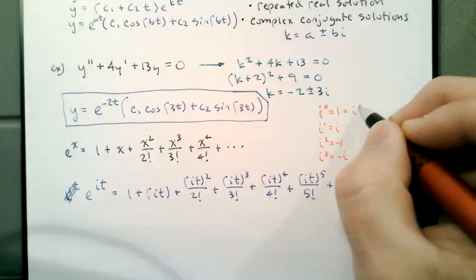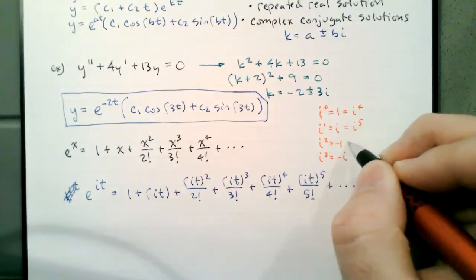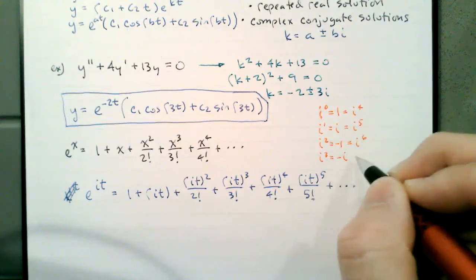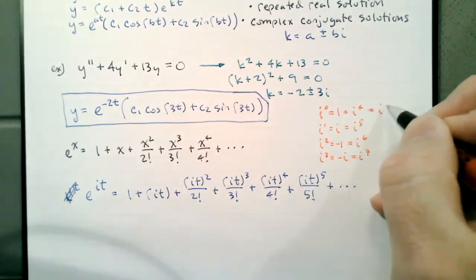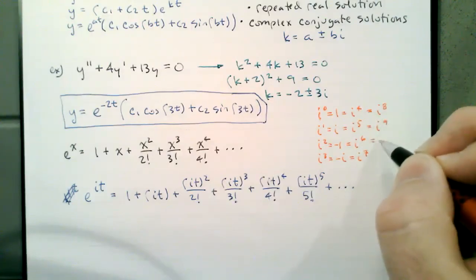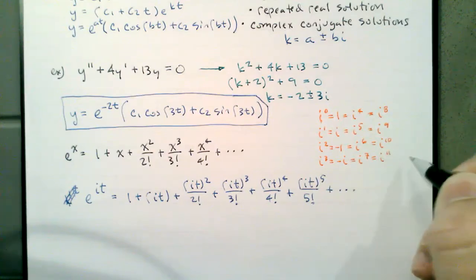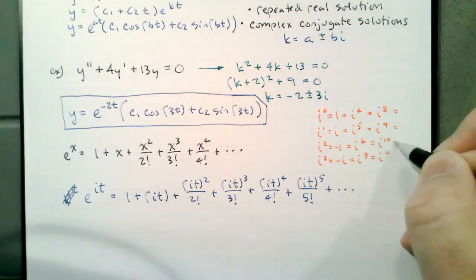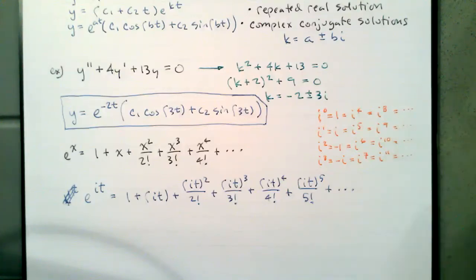So this is also i to the fourth. i to the fifth is just i to the first. i to the sixth is -1. i to the seventh is -i. And so i to the eighth, we're back at 1 again. Powers of i are just plus or minus 1 or plus or minus i.